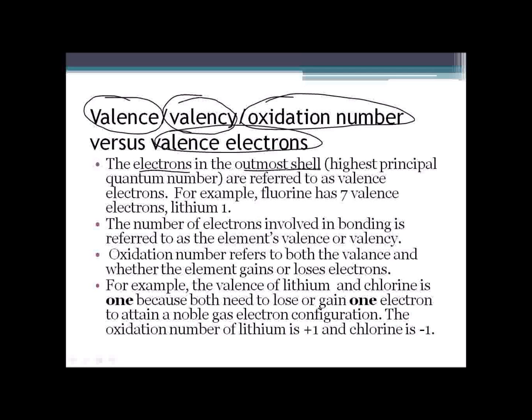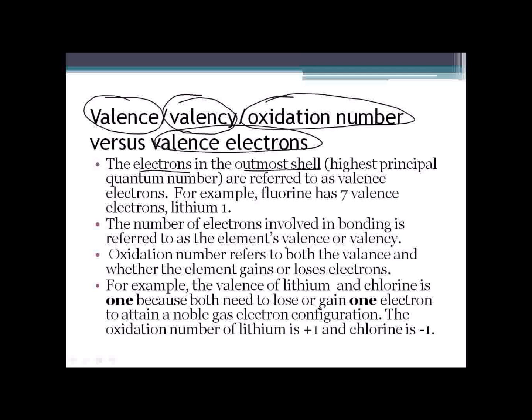Now, when things react chemically, what they're doing is they're essentially swapping electrons. So the number of electrons that are involved in the swap is referred to as that particular element's valence. The other word that's used is valency, which is the same thing. So I'm just going to always use the word valence.